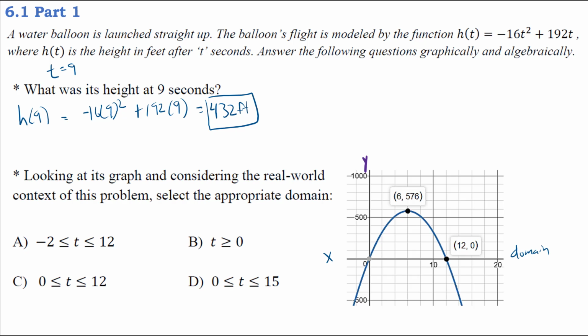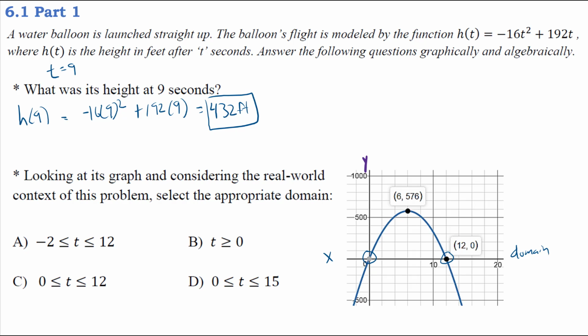So what we want to look at is how far left does it go on the x-axis when it crosses, and how far right does it go on the x-axis to cross. So it looks like right here our farthest left point is at 0, and then our farthest right point when it crosses the x-axis again is at 12.